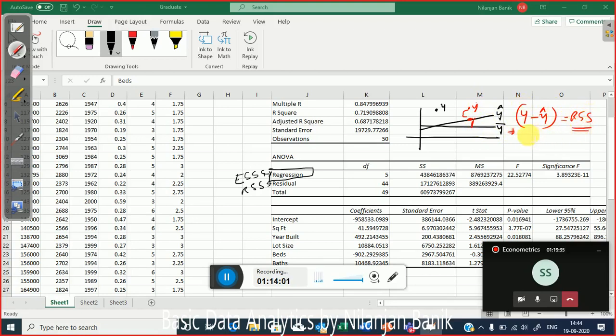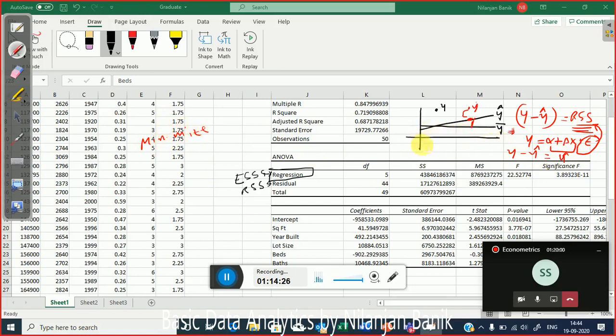Because the model is y equal to beta x plus epsilon. This is y hat. So y minus y hat is the error, epsilon. As I said, our objective is to minimize the sum of square of error, right?